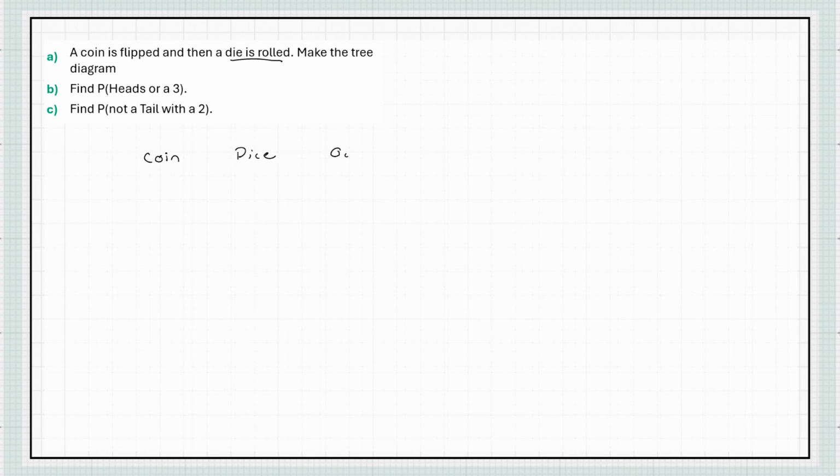Alright, and our outcome. Now we've done this a bunch of times already, so you should have a really good idea of how to do this. Then you just draw all of your lines.